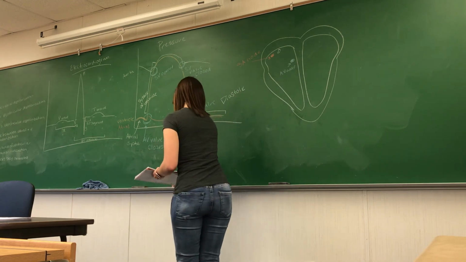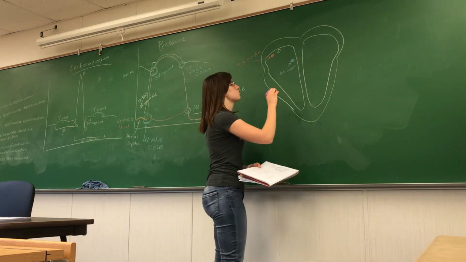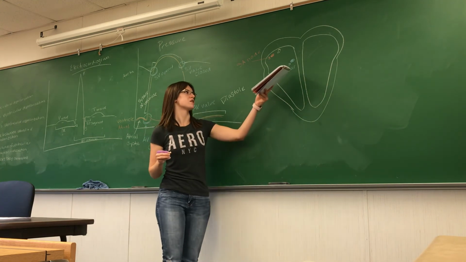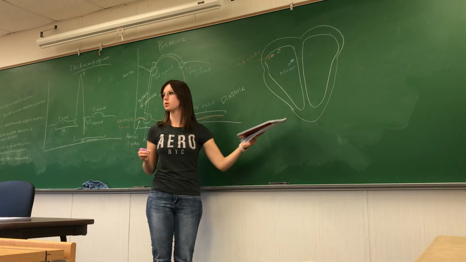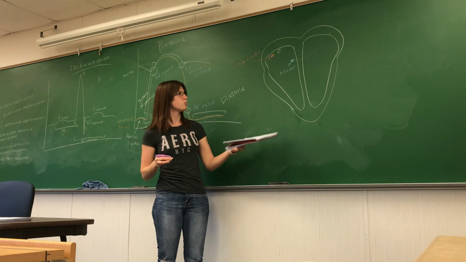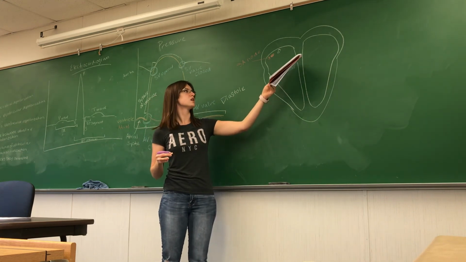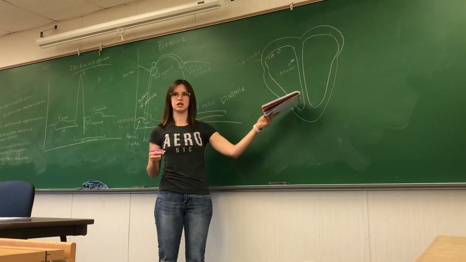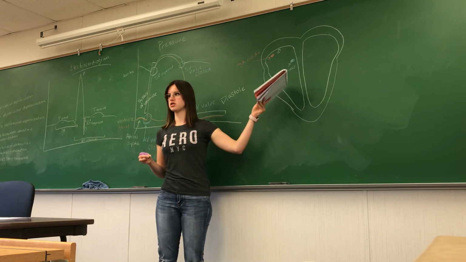And the AV node connects to what's the next path that it takes? It goes to the ventricle, right? But it doesn't go into the ventricle, it travels down the septum. But what is the structure?